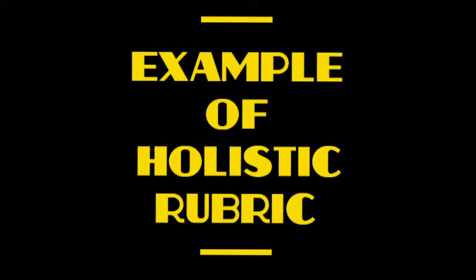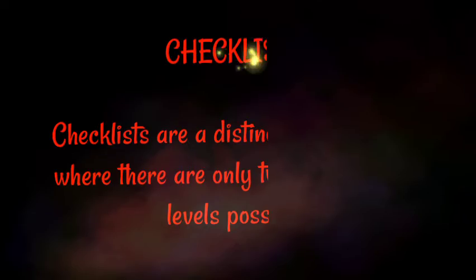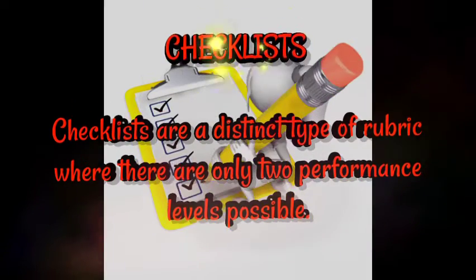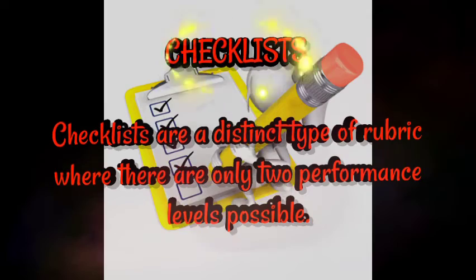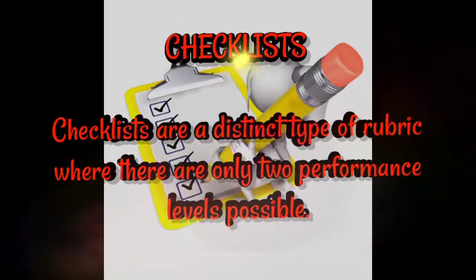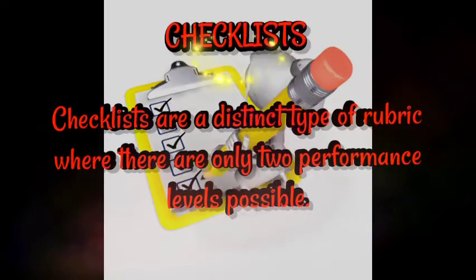The best example for this kind of rubric, specifically holistic rubrics, is the checklists. Checklists are a distinct type of rubric where there are only two performance levels possible. Checklists tend to be longer than other types of rubrics, since each aspect of performance you are looking for in students' work or performances essentially becomes its own criterion.